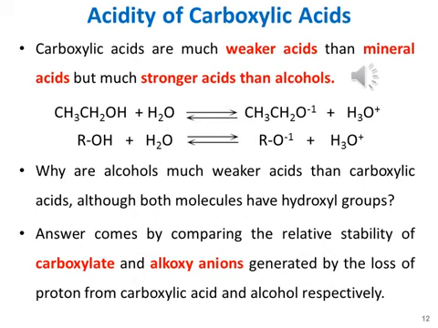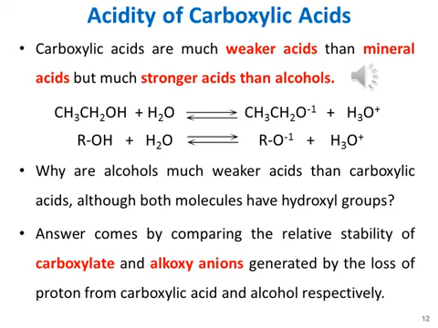Then why do we not say that alcohols are acids, whereas carboxylic acids are acids? Remember that alcohols also have acid character, but the resulting alkoxy ion is the issue. Here I have shown you ethyl alcohol. When ethyl alcohol loses a proton, the resulting anion is called ethoxy. And in general, when an alcohol represented as ROH loses a proton, the resulting anion, RO minus, is called alkoxy.